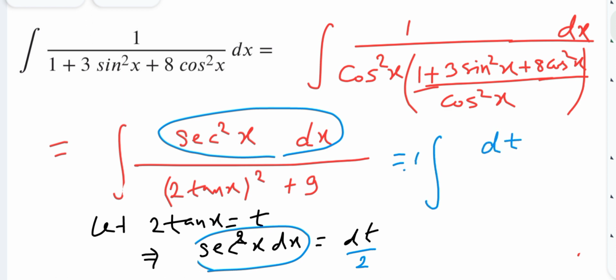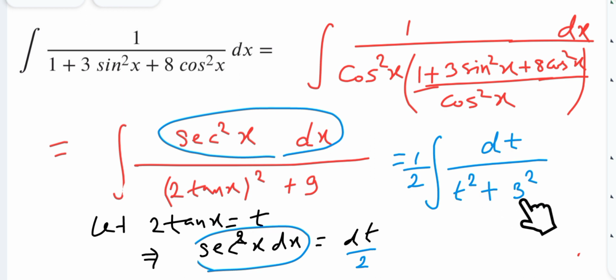The 1 upon 2 I take outside, because it is constant, divided by t square plus 9, and 9 I can write as 3 square. So we got, according to the formula, dt divided by t square plus a square, or 3 square.